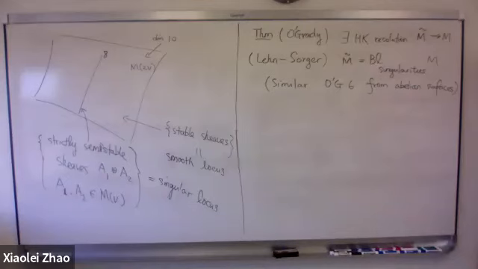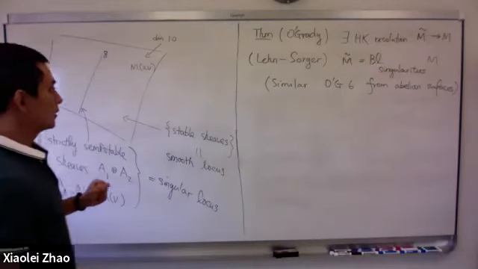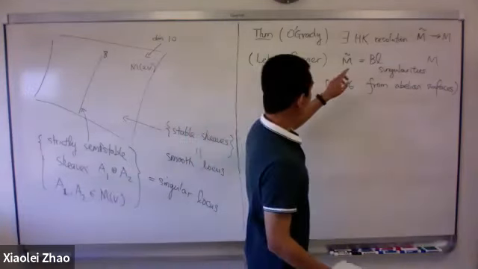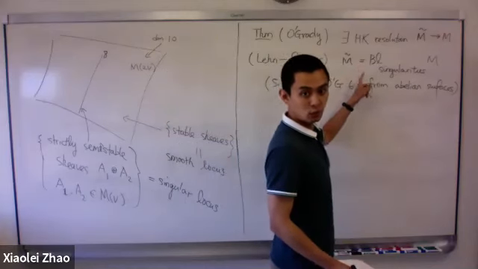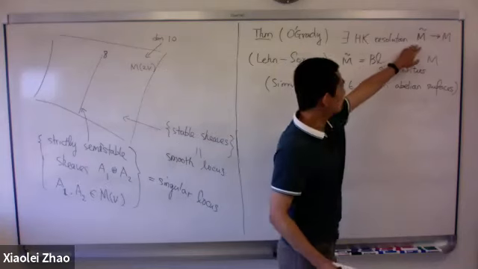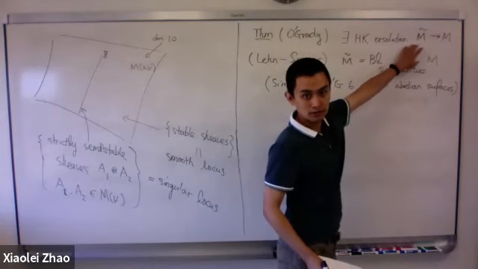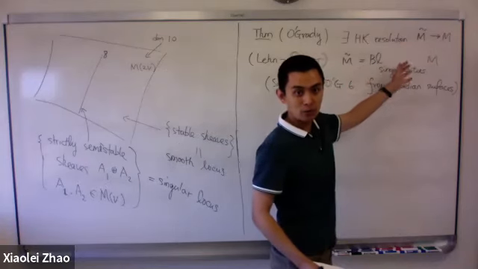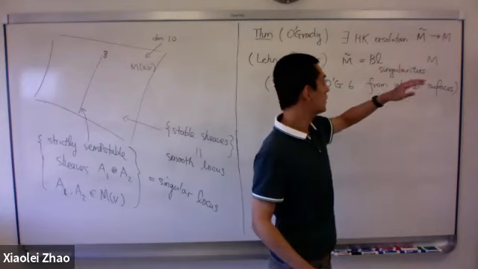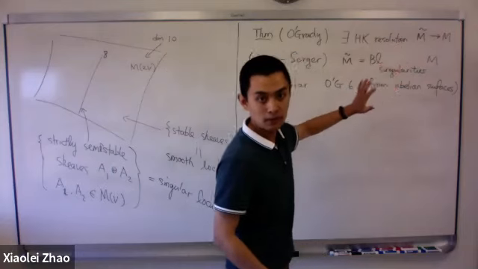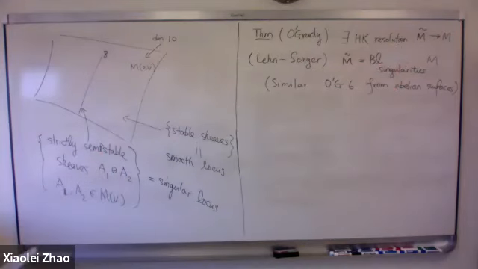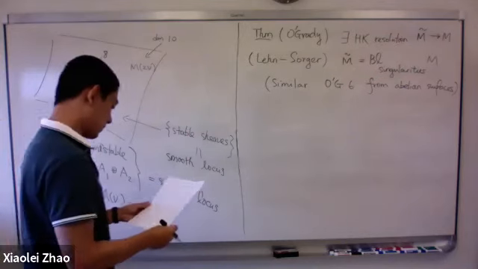Okay, and also back to what Fei just asked me. So it's known that only when your v squared equals 2 and you take twice of such a vector, then you can have some hyperkähler resolution. So if you take higher multiple, you take some different v squared, then actually you have resolution, of course, but they won't be hyperkähler anymore. Okay, so in some sense, this is the only example that you can produce out of this non-primitive character thing.